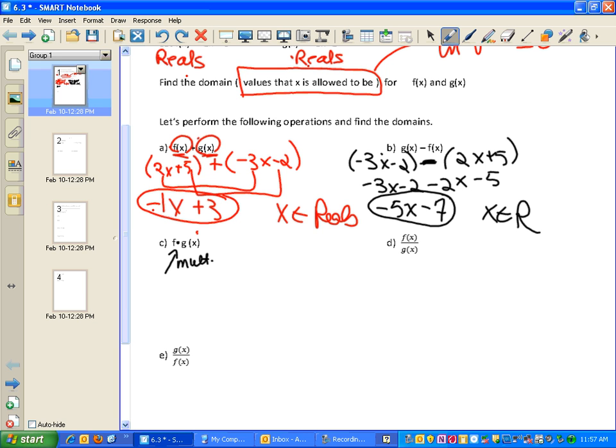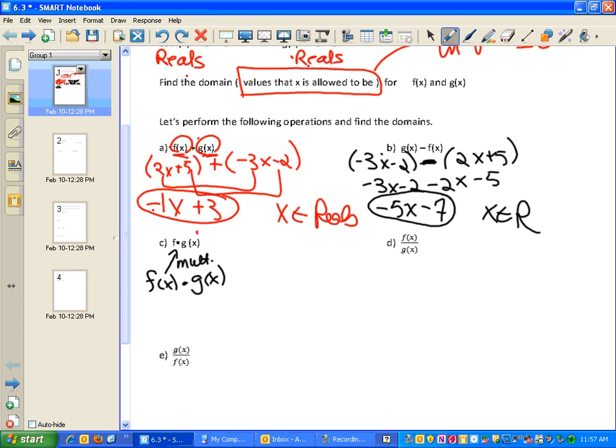I'm multiplying my f function and my g function. That's just another way to write it. So that means I'm going to take my f function, so this is saying f of x times g of x, right?